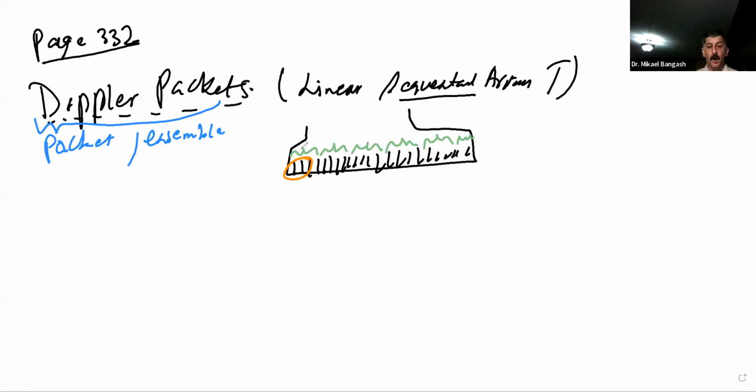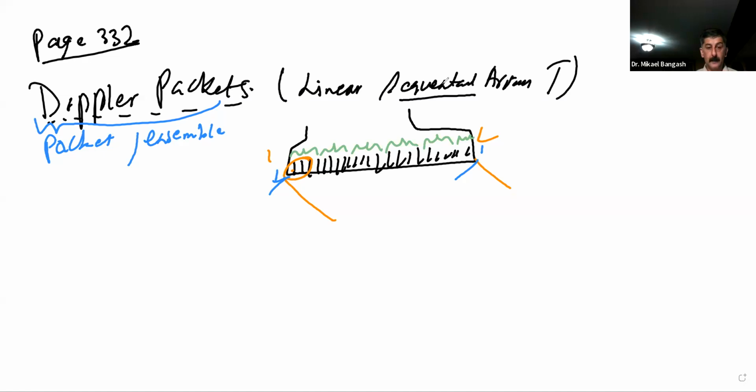Now, all dependent upon the sequence, which is first, which is last, would determine whether the beam was going to be steered in this direction or steered in this direction. Clear?